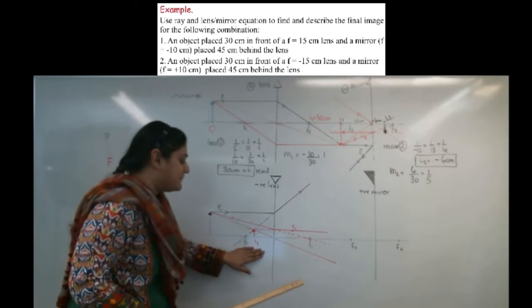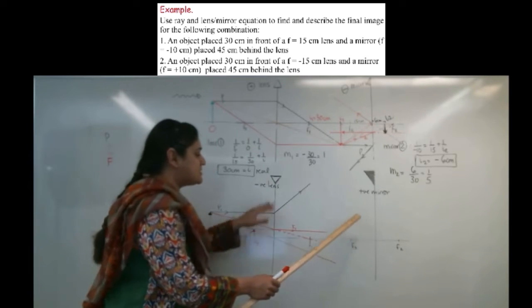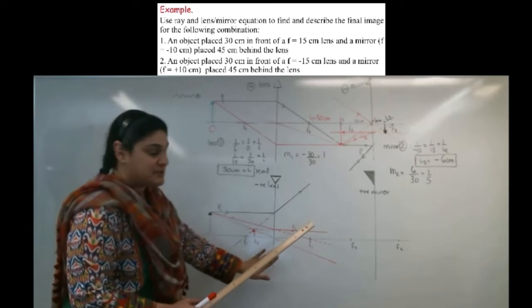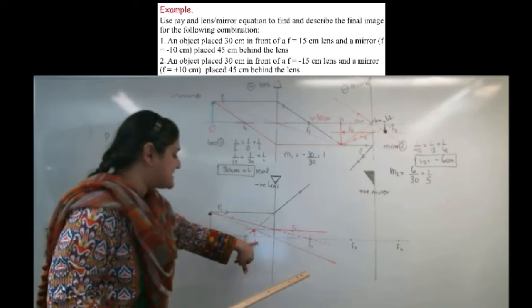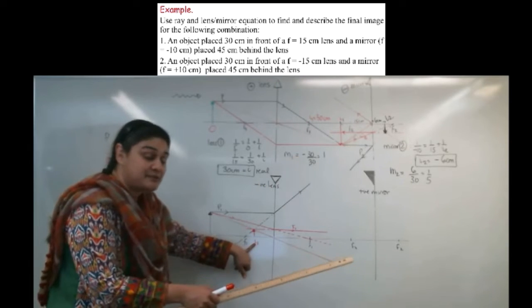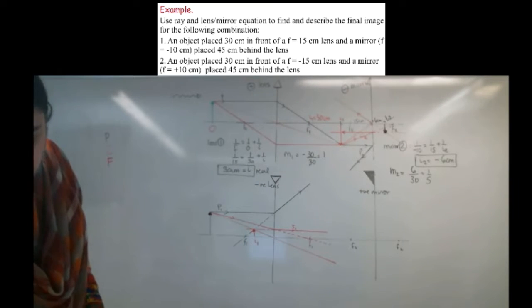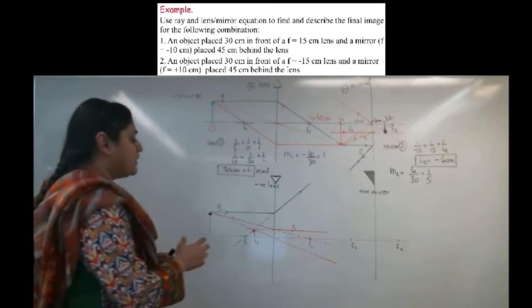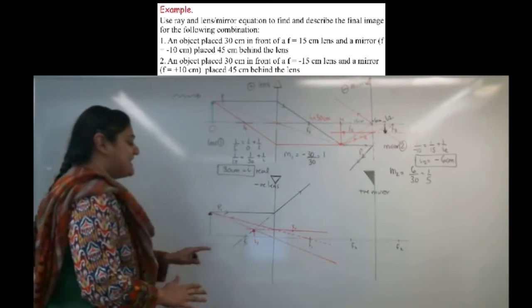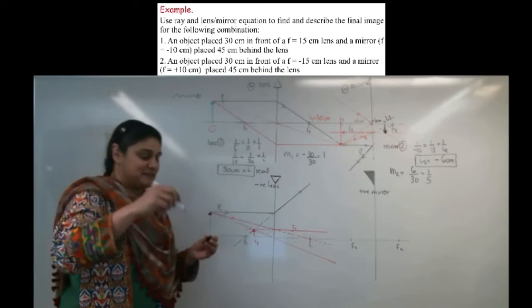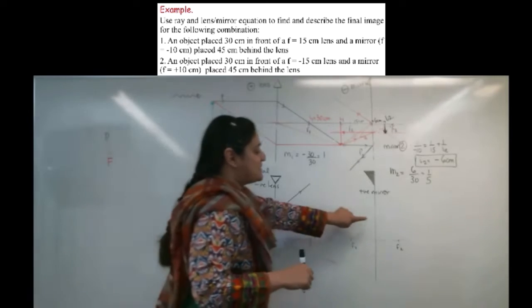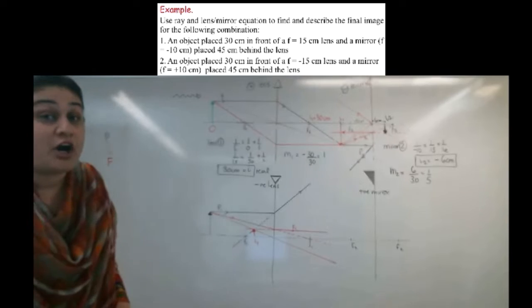Once you have your I1, ignore the lens in the middle. Now this becomes your object for your second mirror. So ignoring all of the other rays that helped form this, we are going to start from the parallel ray again. And this is going to be where it's going to be incident on.